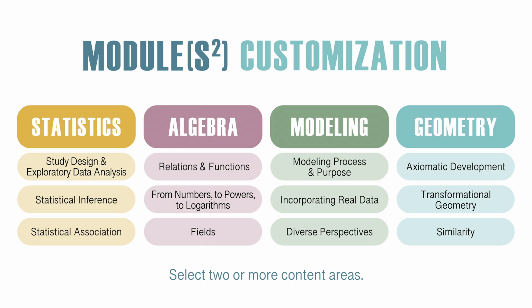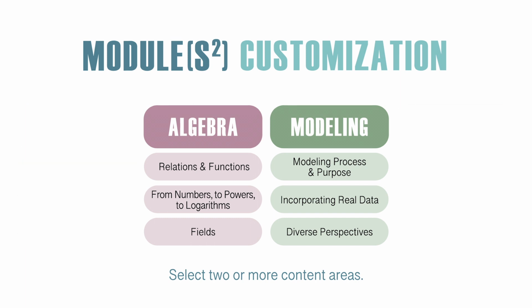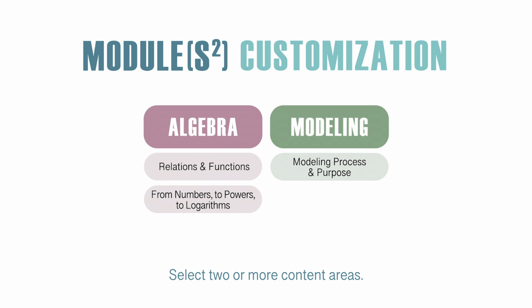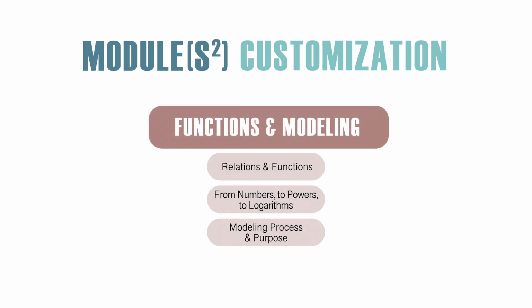Each module within a content area is written to be independent, so they can be combined across content areas to create custom courses. For example, a university's program may want to create a course where students explore advanced algebra topics and modeling topics. They can look through the Modules curriculum materials in those areas and select 3 that fit their needs.